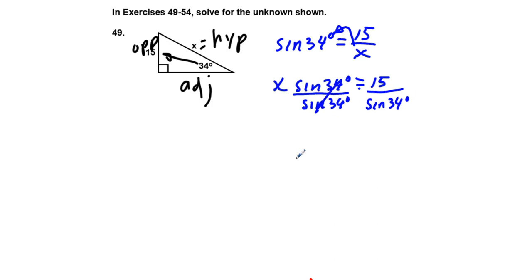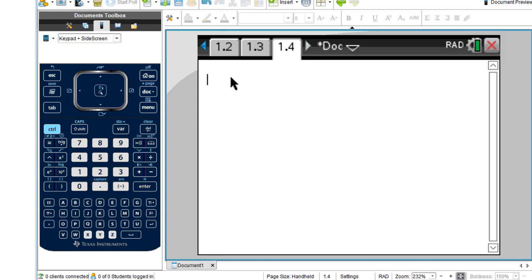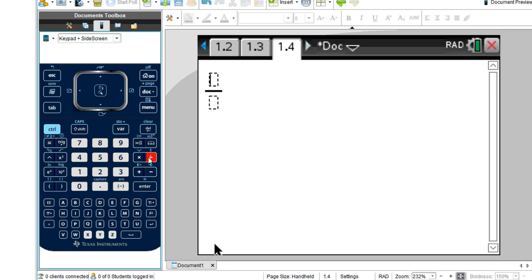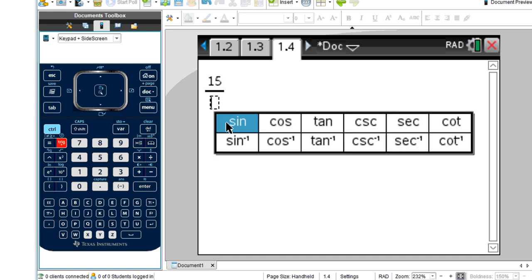And so we have x is equal to 15 over sine 34 degrees. And then we can go to our calculator. So x equals 15 divided by sine 34 degrees.